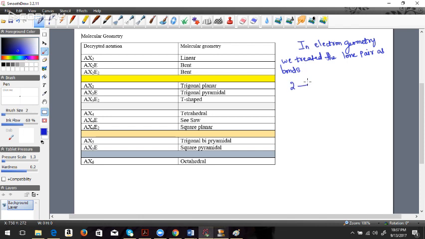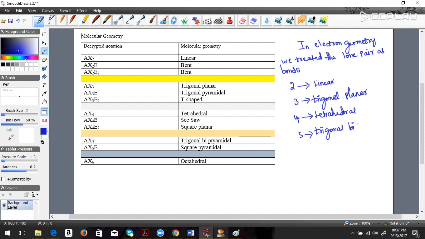So 2 is always linear, right? 3 is always trigonal planar, because this is the number of bonds you have, right? 4 is always tetrahedral. 5 is trigonal bipyramidal. And 6 is octahedral.